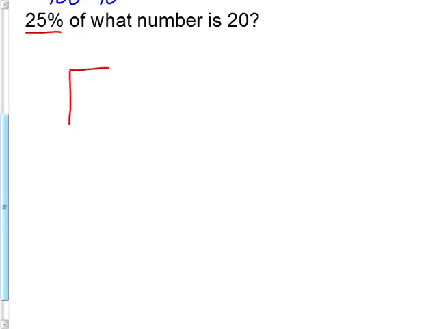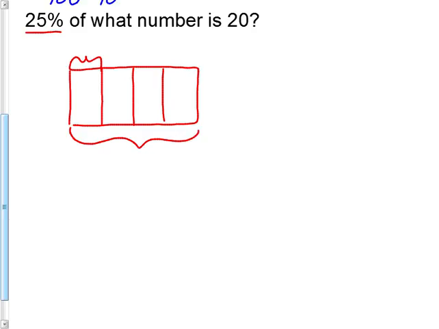So 1/4 of some number is going to look like this. Here's our one piece that we're looking for, and then this is what we're looking for, our whole, 25%. We're going to have to figure out what that 25% is. 25% of some number is 20. So 25% of what is equal to 20?